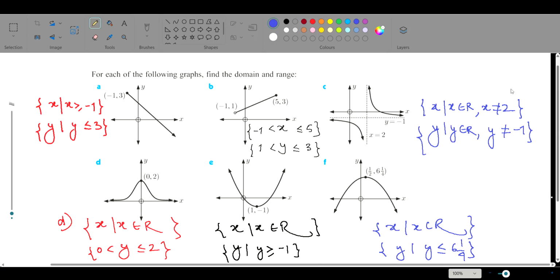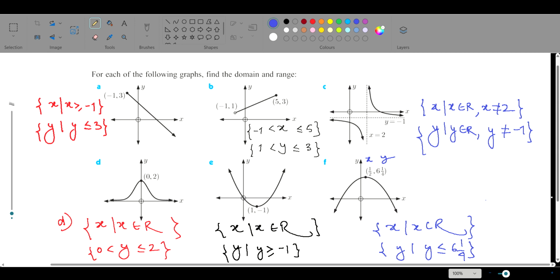Are you getting this? See, what is the turning point y coordinate? Tell me. Yeah, so a half is the x coordinate and 6 1/4 is the y coordinate.